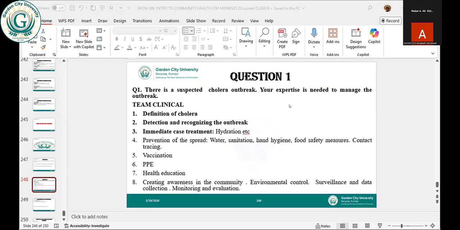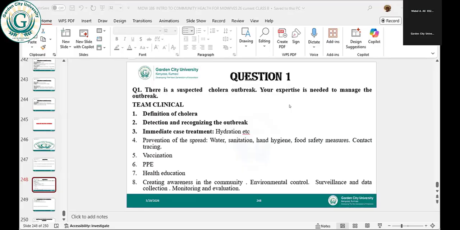No. So how will they ensure that they will boil their water? We'll teach them how to do it. You educate them. So all the things that you've written, water, sanitation, hand hygiene, food safety, they all come under health education.